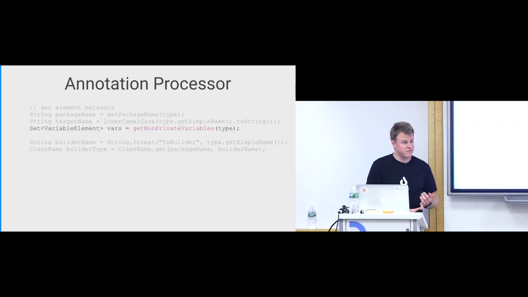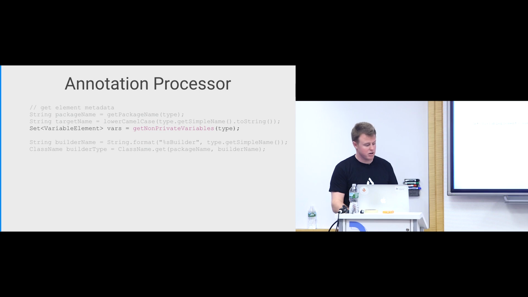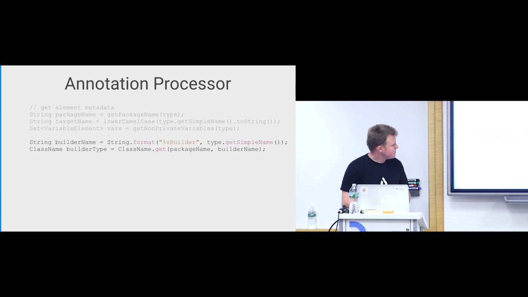So package private is fine because we're going to put it in the same package, or public variables. And then this is what we did before. We're just building the user builder, transaction builder. We're building that class name for whatever this type is.